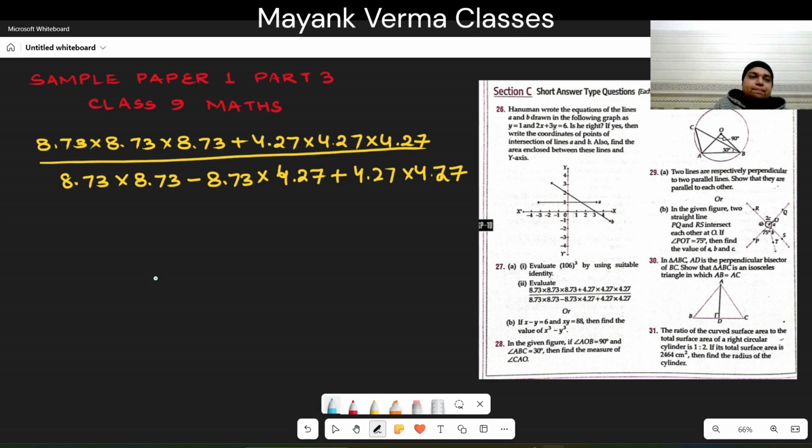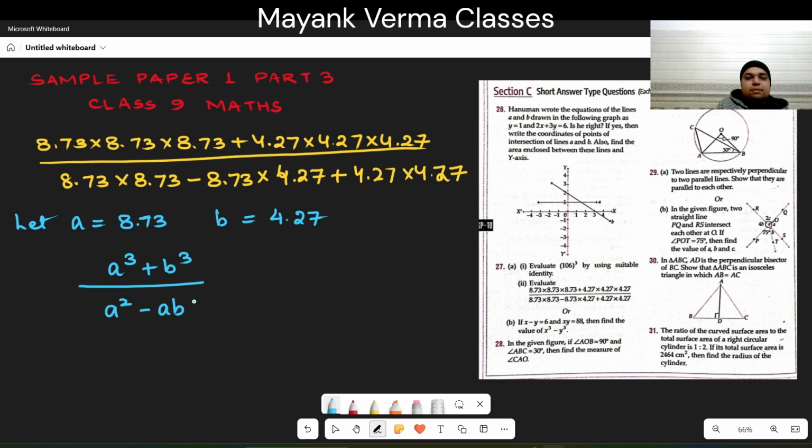So let's say A is equal to 8.73 and B is equal to 4.27. If we convert this, the first term is A cube plus B cube, divided by A square minus AB plus B square. So remember which identity we can use here.